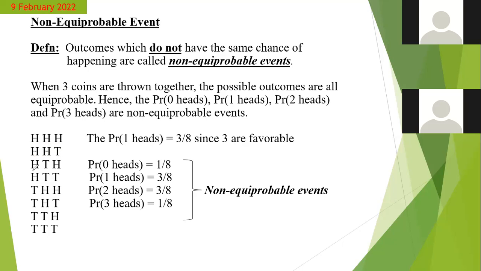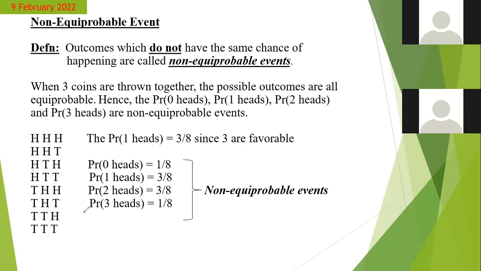So here all 3 coins could give you a head. The first 2 coins could give you a head. The third one would give you a tail. The middle one could give you a tail, and the other 2 would give you a head, and so on.